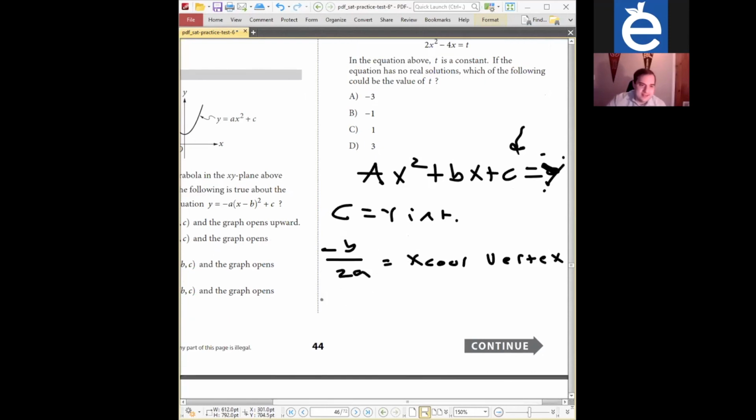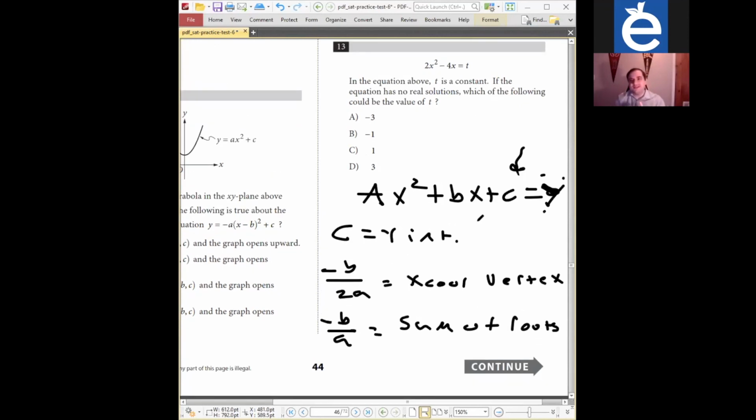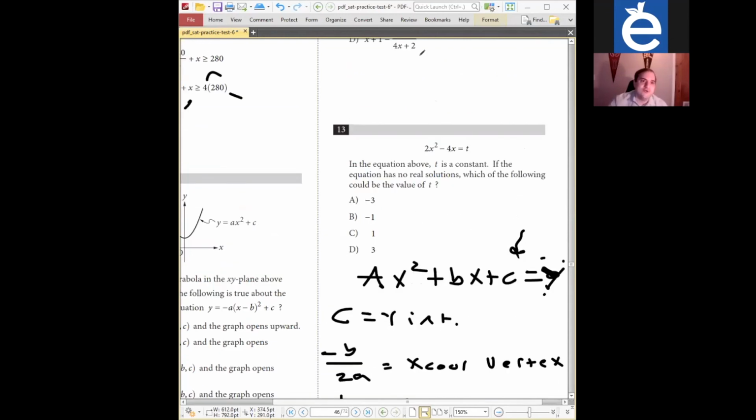All right, negative b over a is the sum of the roots. And what do I mean by sum of the roots? The roots, zeros, x-intercepts, all of these mean the same thing when you're dealing with a single parabola. So let's say our parabola crossed here, so that's 1 and that's 3.